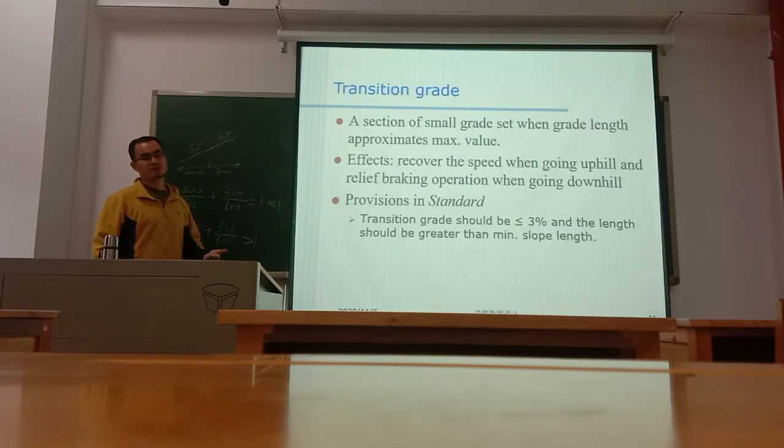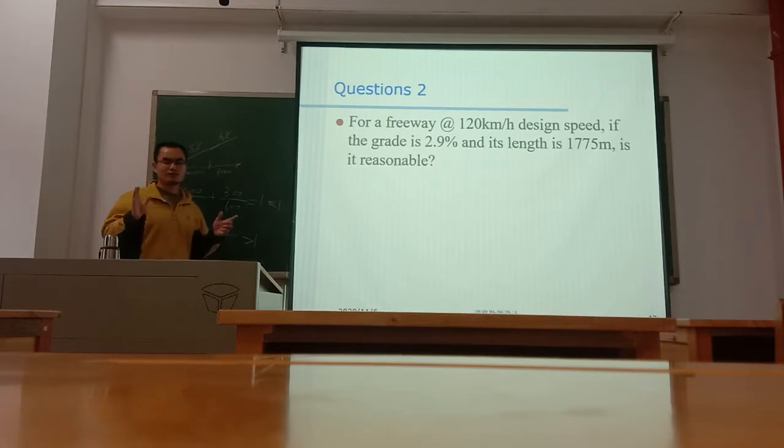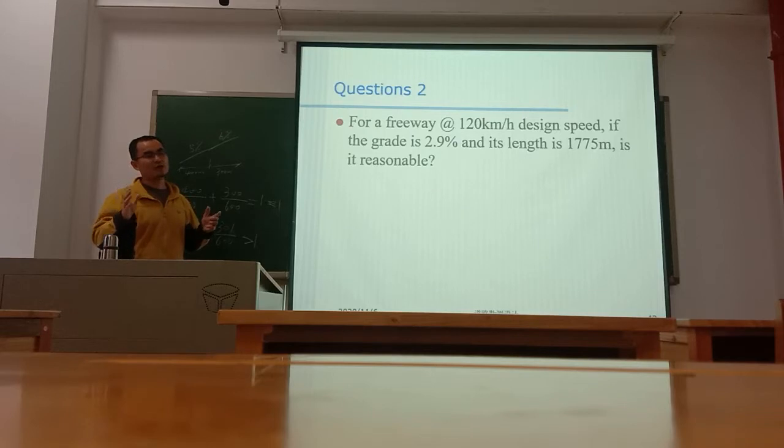Also, you say freeway. In China, freeway and highway are not the same as urban road. Highway is used in America or in other countries, where highway is not different from freeway.